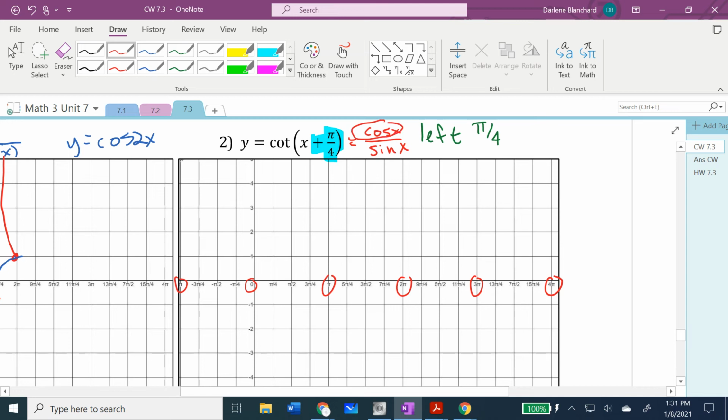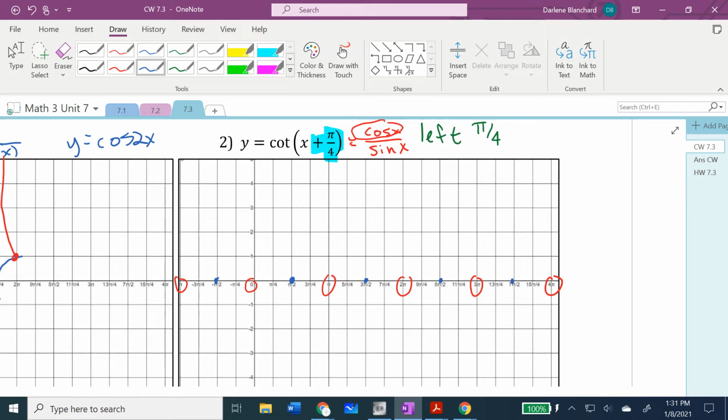Cosine is equal to 0 where cotangent is also equal to 0. So normally, cotangent goes through the point at pi over 2, and 3 pi over 2, and negative pi over 2, and so on. But I only need to graph 2 cycles of this.